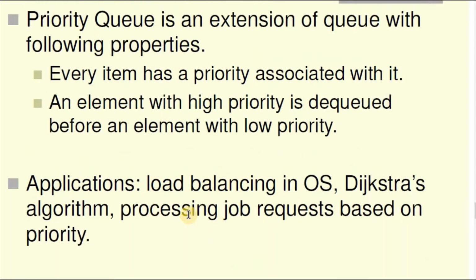Applications for this include things like load balancing in operating systems, Dijkstra's algorithm, which we will discuss later in the course, and processing job requests based on priority. So this is just a normal queue that we discussed, but every element has a certain priority, and things with higher priority get processed first, or they will be removed first.